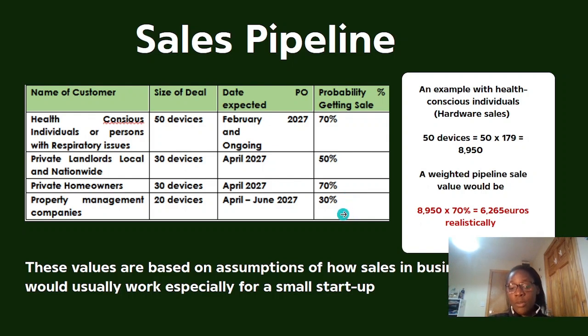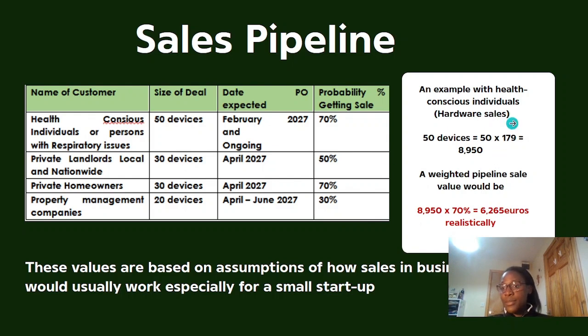Property management companies will be the lowest in probability of getting a sale, because for them to approve using a product on their facility, they have to do a lot of back and forth, which might also include a lot of paperwork and verifications in order to bring our service into their companies. Again, these values are based on assumptions of how a small startup will begin.